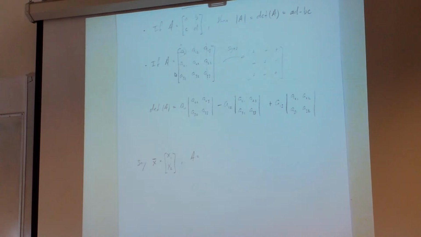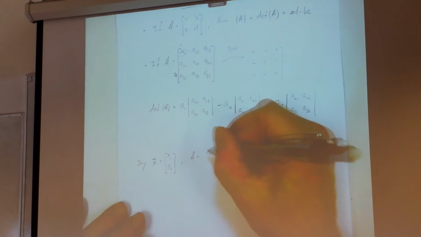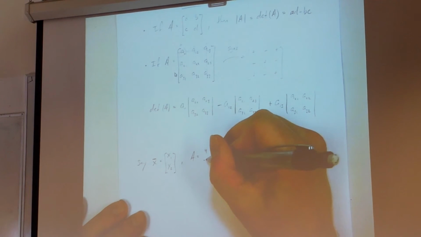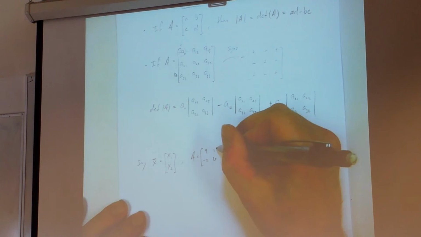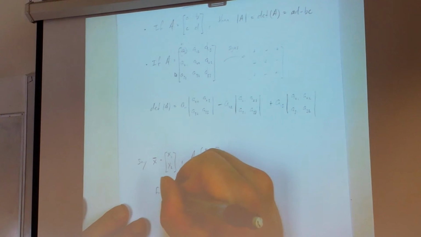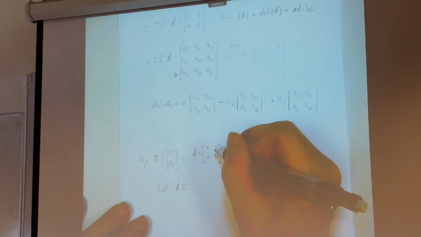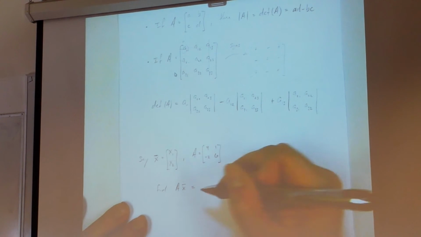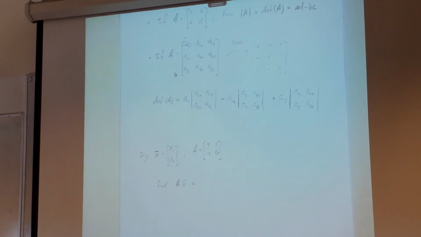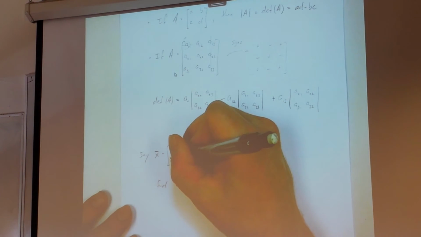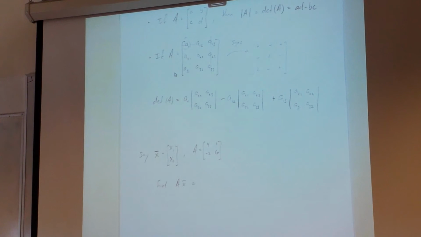Say A is 4, 1, negative 2, 6. Multiply A and X. I always like to see them arranged in that other way, but what would that look like?